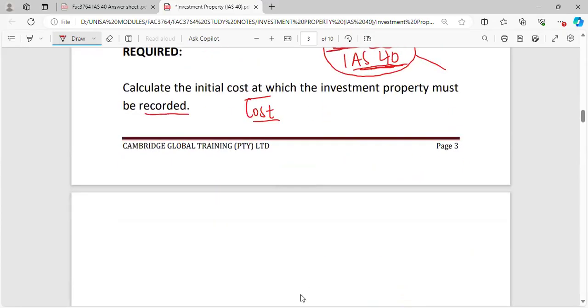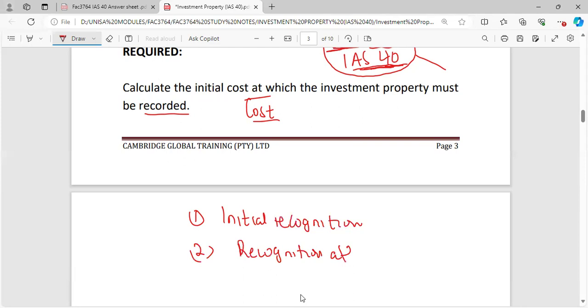When you take the investment property to the statement of financial position, it means you need, one, the initial recognition, then you will need the subsequent recognition, or recognition after this initial recognition.